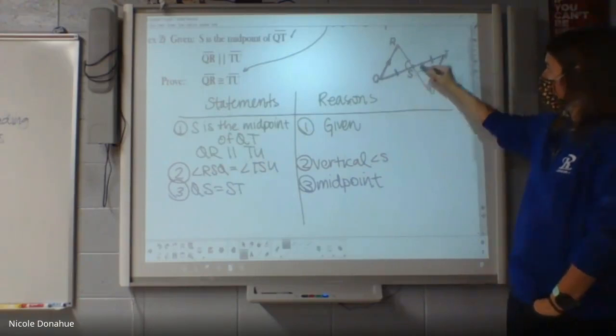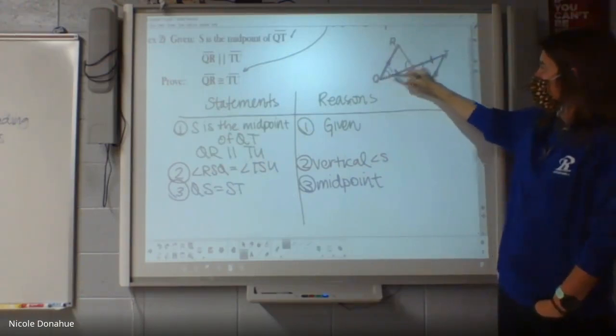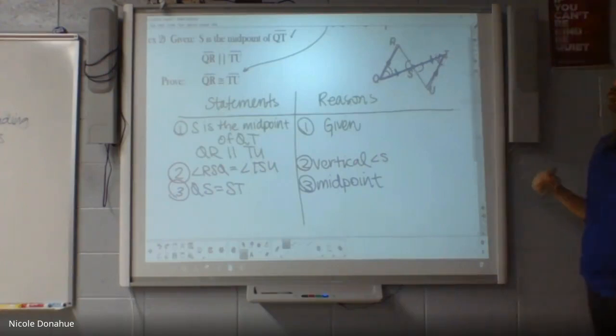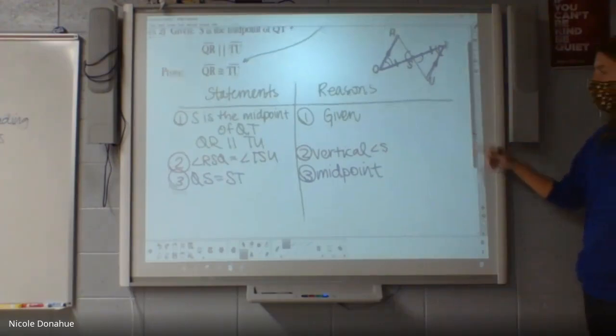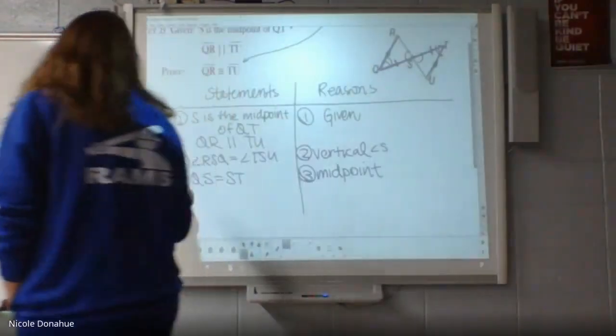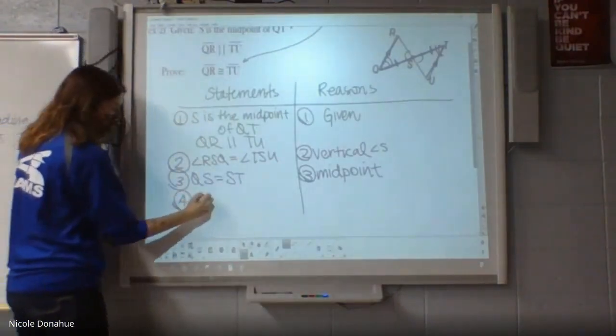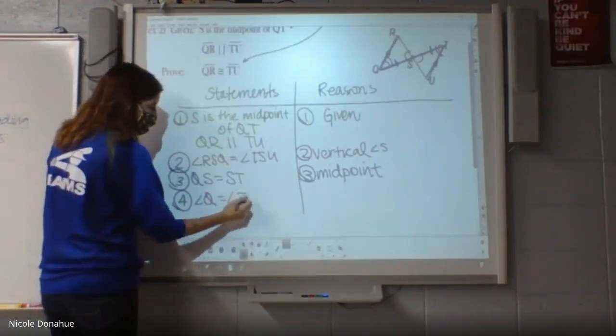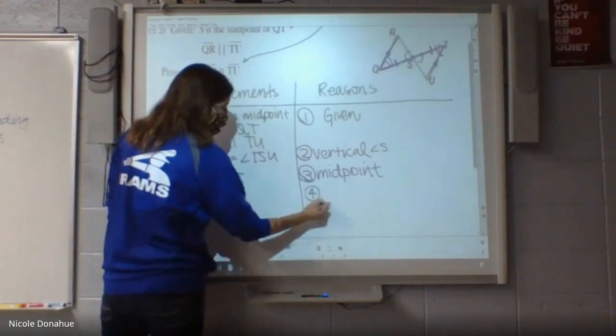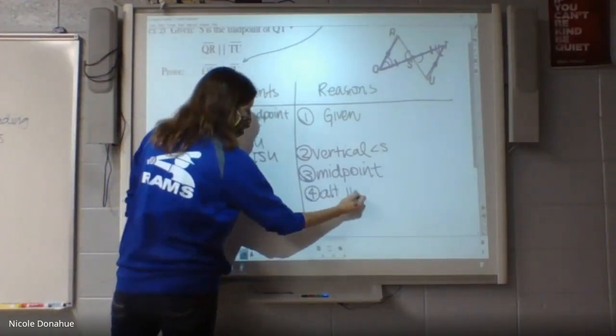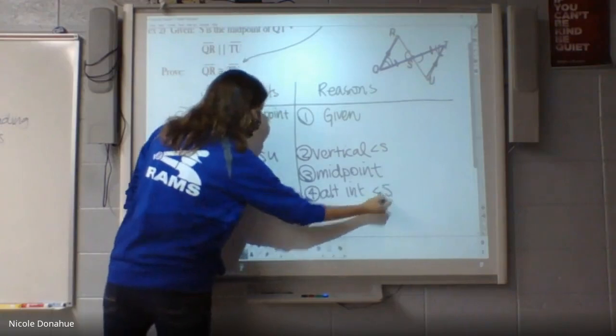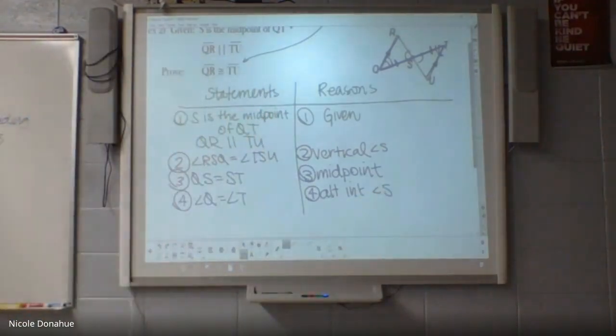For ease, I'm just going to go this way. So those are the alternate interior angles, Q and T, because of the parallel lines. Now you can also say that R and U are equal if you wanted to.